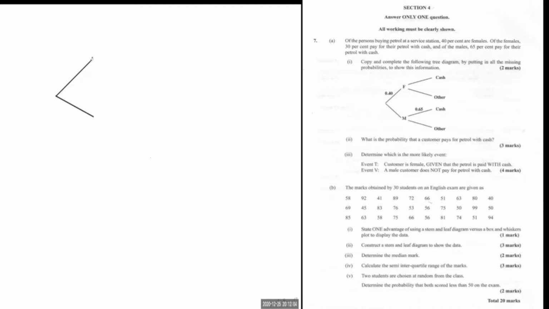Females and males, they're either going to pay with cash or they're going to pay with something else. That's probably credit card, more than likely, or debit card, something along those sorts.